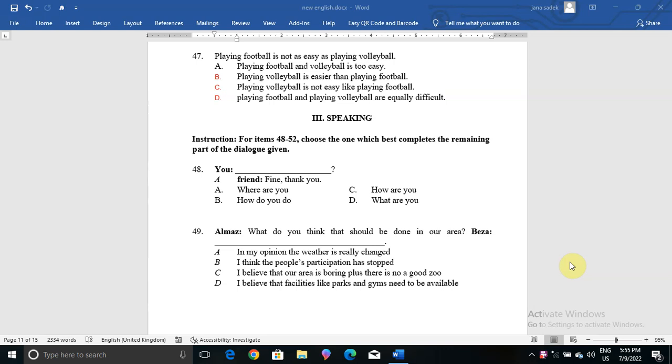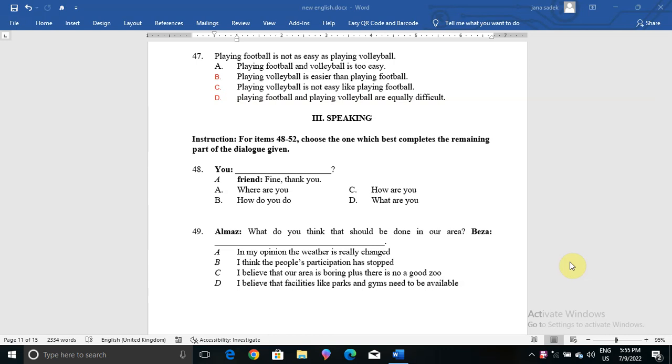Okay, we have 4 choices, and we have to find the correct question for this answer, because we already have the answer. But the question, we don't know what it was, to find this answer, which is fine, thank you. It will be where are you, or how do you do, or how are you, or what are you.